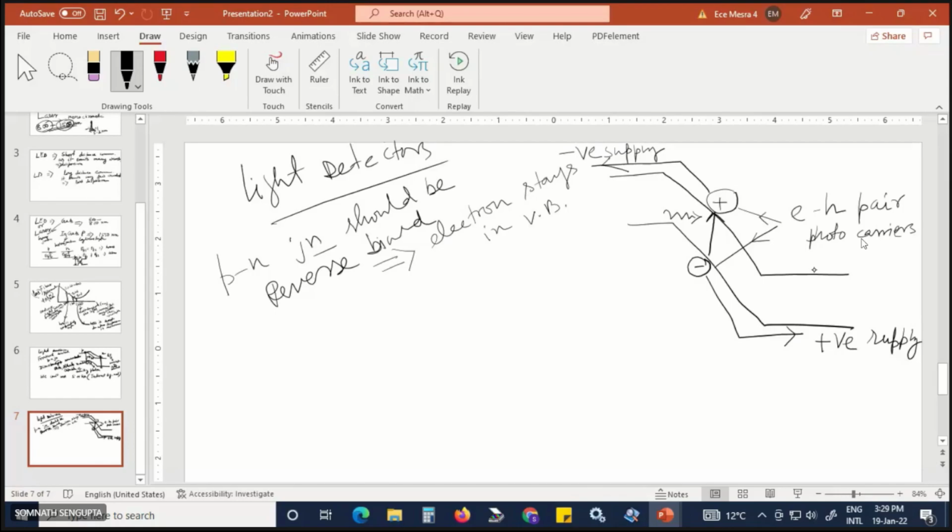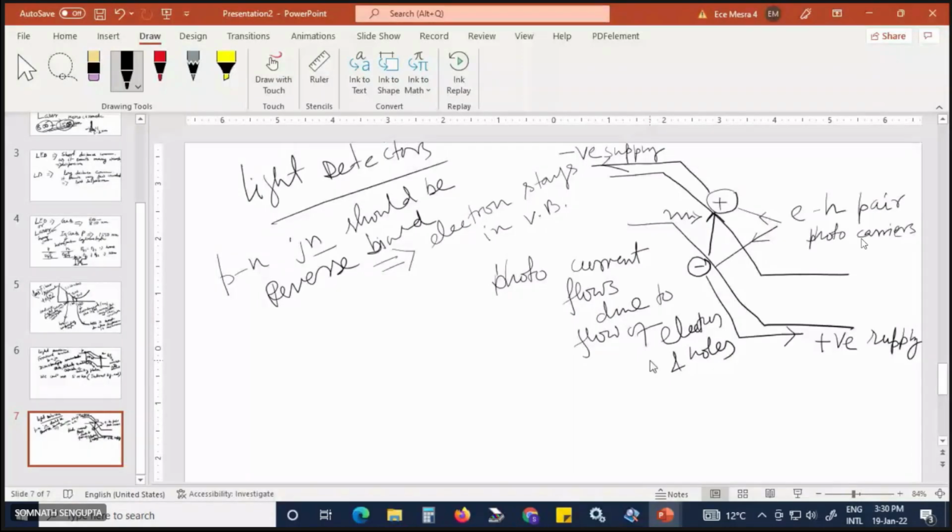So current flows. That current is called photocurrent. Photocurrent flows due to the flow of electrons and holes. Okay.